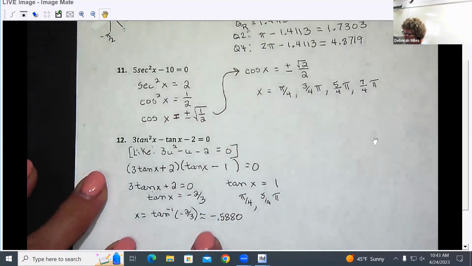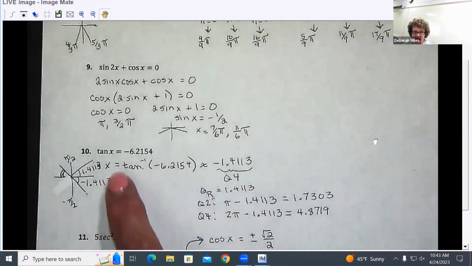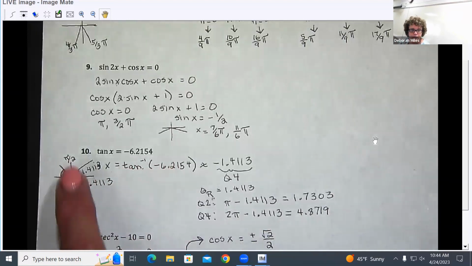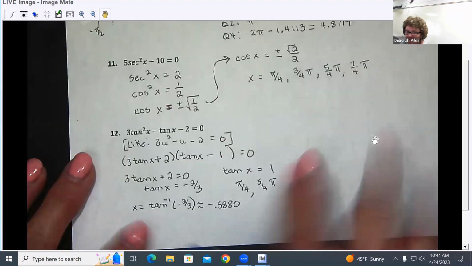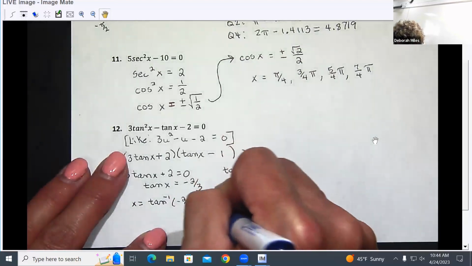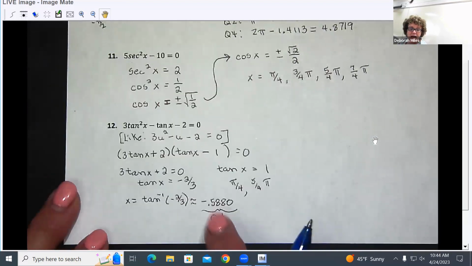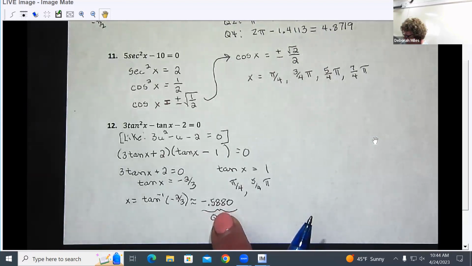Now this problem just happens to be a lot like number 10, because in number 10, we were looking for an angle whose tangent is negative, and we said tangent is negative in the second quadrant and in the fourth quadrant. So that's still the case here. This negative 0.5880 is the fourth quadrant angle where tangent is negative, but I can't write it in that form because it's not a number between 0 and 2 pi.